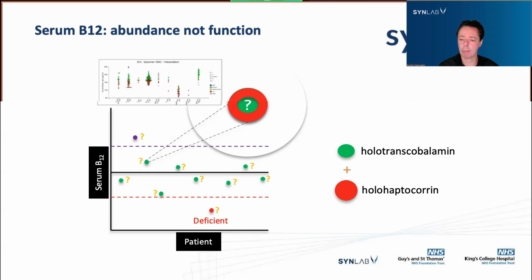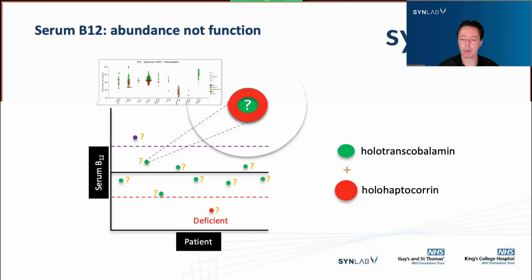This is not ideal. The other challenge with serum B12 is you are measuring B12 that's bound to two different vitamin B12 binding proteins. Now, most B12 in your circulation binds to a protein called haptocorrin. When the B12 binds, it's called holohaptocorrin.